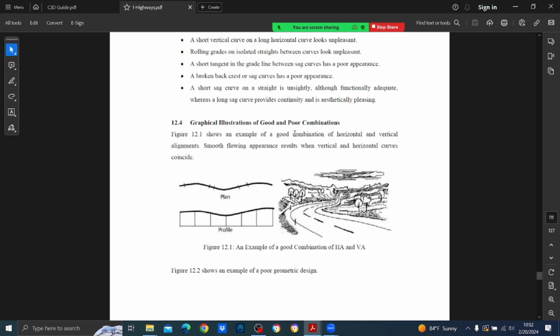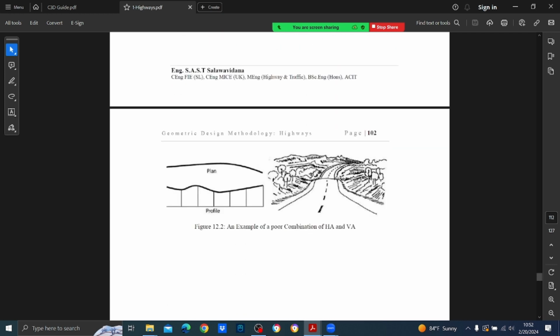So there should be harmonization. Here can you see this is a poor combination. This is what you call a hidden dip. You don't see that. So what happens? The vehicle is going this way, and have you seen a night rider driving like that, going like a projectile? So that is not very good. That is why we have to avoid this kind of alignment in plan and profile.